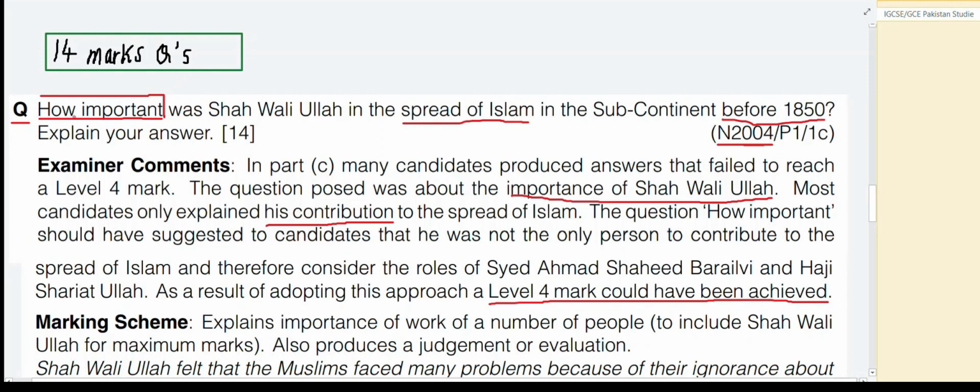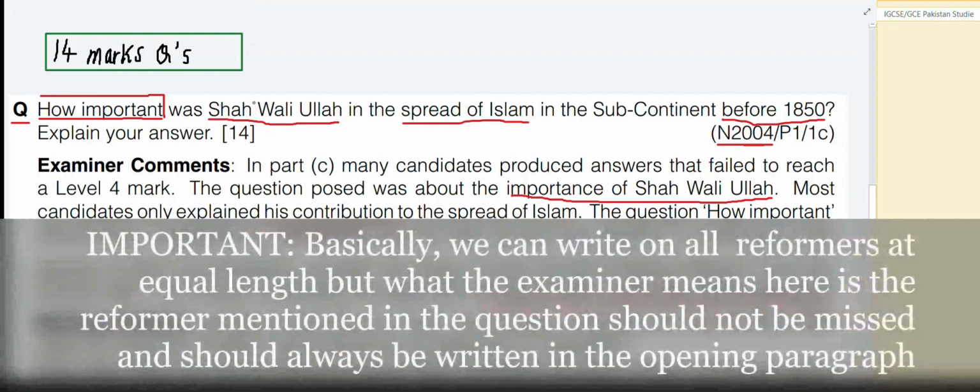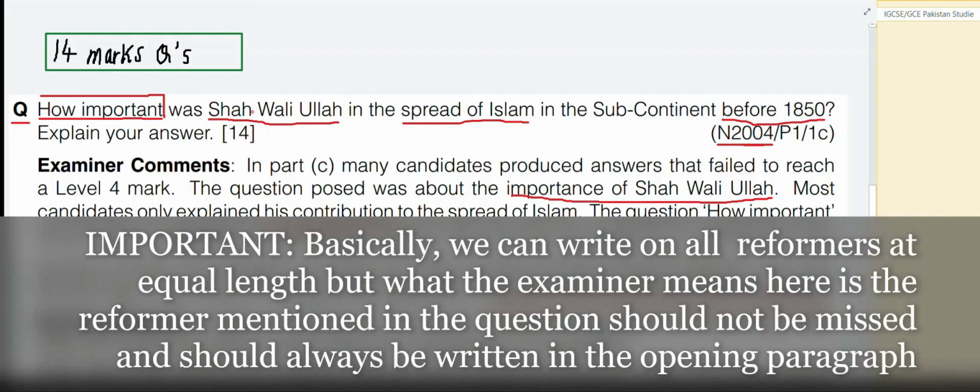These two keywords, how important and before 1850, are asking the student, right, to write about all three reformers, Sayyid Ahmad Shahid Brelvi, Haji Shariatullah and Shah Waliullah, and not only about Shah Waliullah, right? But the maximum part of our answer will be on Shah Waliullah. Why?